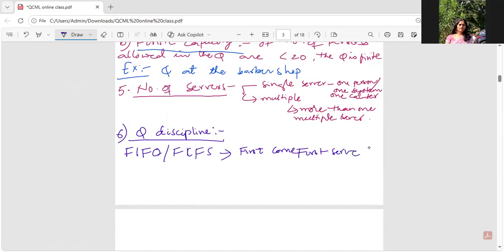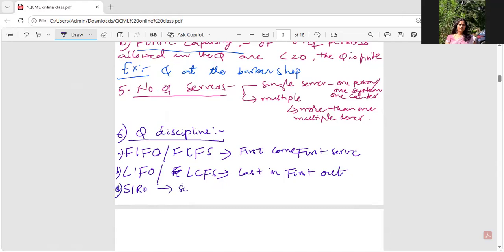Also there is LIFO, last in, first out, or last come, first out. And then there is also SIRO, service in random order. There are also priorities, guys.